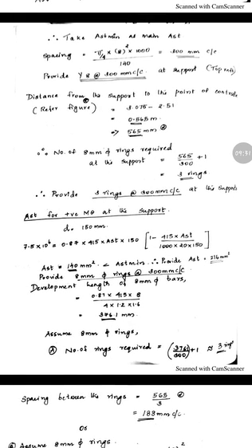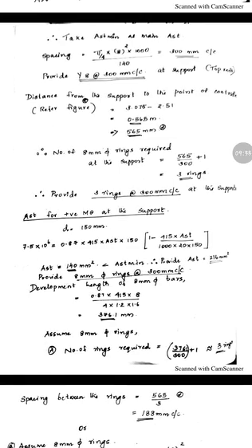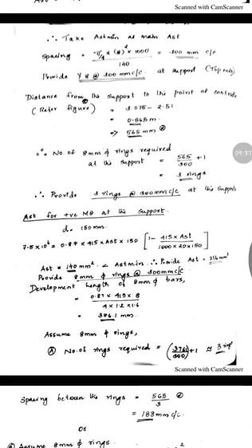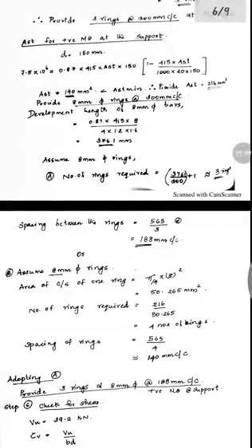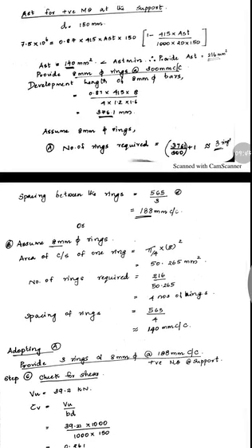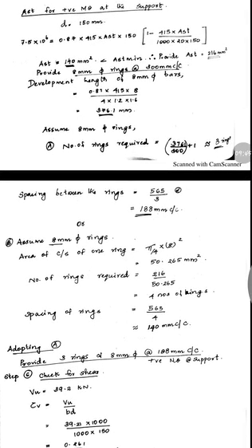The number of rings can be calculated in 2 ways. The first way, A or B. Number of rings required equals that development length divided by the spacing of the main bar plus 1, that is equal to 3 rings.